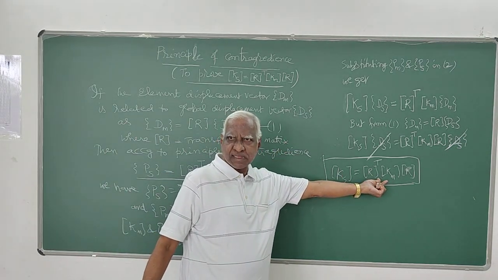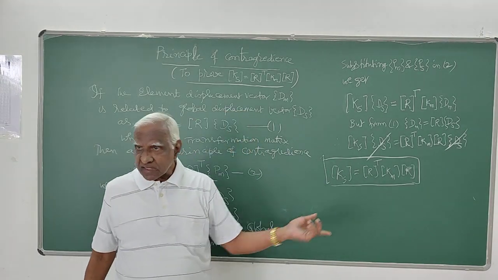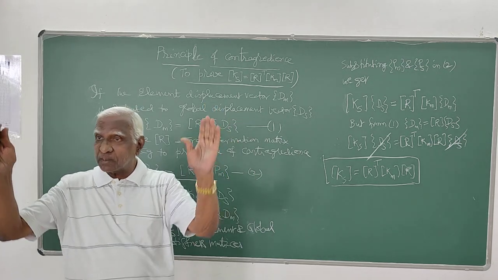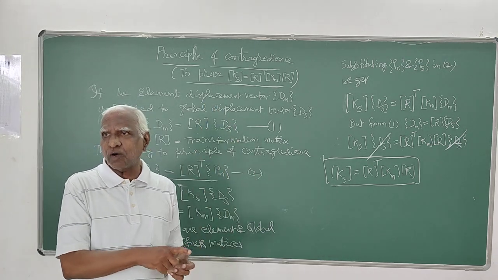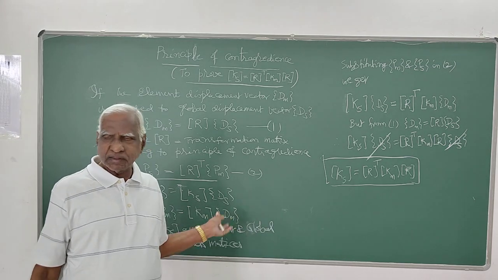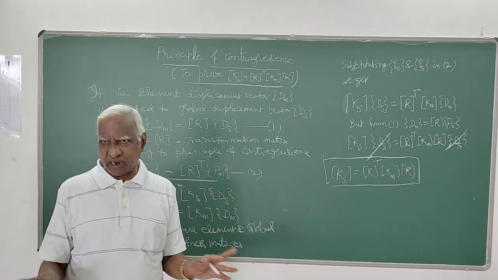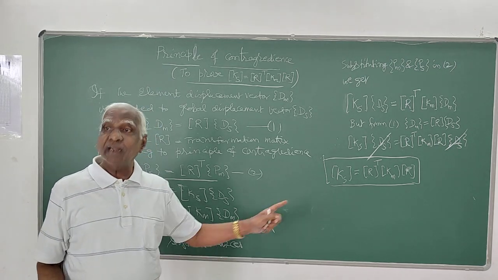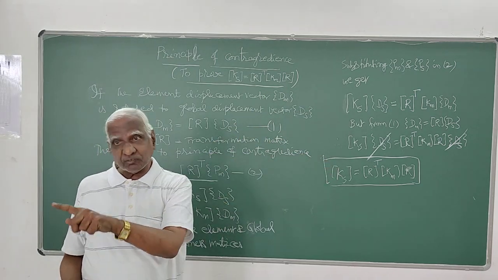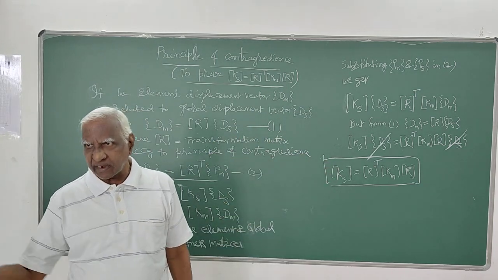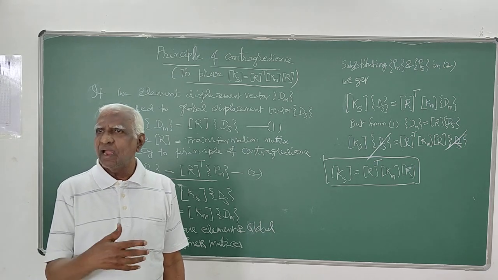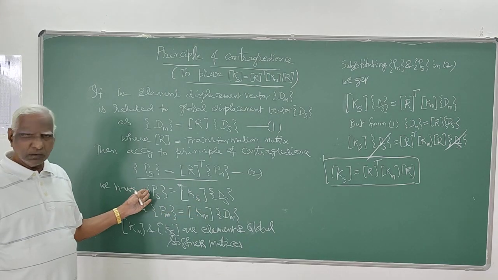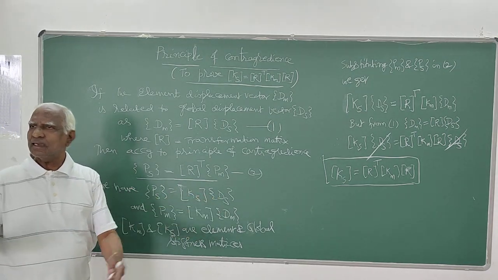Knowing that stiffness matrix and the transformation matrix, you can straight away derive the global stiffness matrix, which is helpful for solving the problem. So you need not bother to derive all these transformation matrices and other things. You can straight away use them in our finite element method of analysis. We can use the global stiffness matrix and this relationship, because the external load is known, and we can evaluate the displacement.